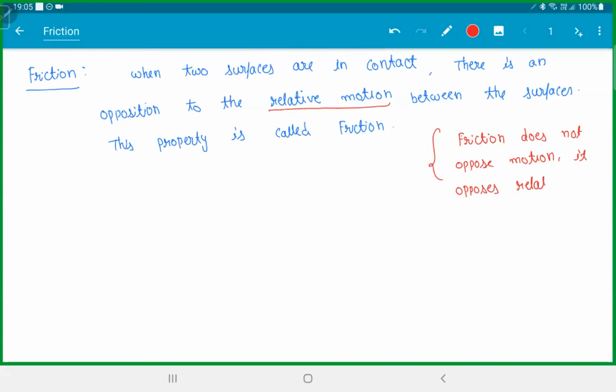Tell me one thing, when you're walking, who is making you walk? When you're walking, your speed is increasing, right? That means someone is pushing you. Who is pushing you? Ground? Ground nahi hota. There'll be some force, right? Which force? Think about your leg, how you're walking.